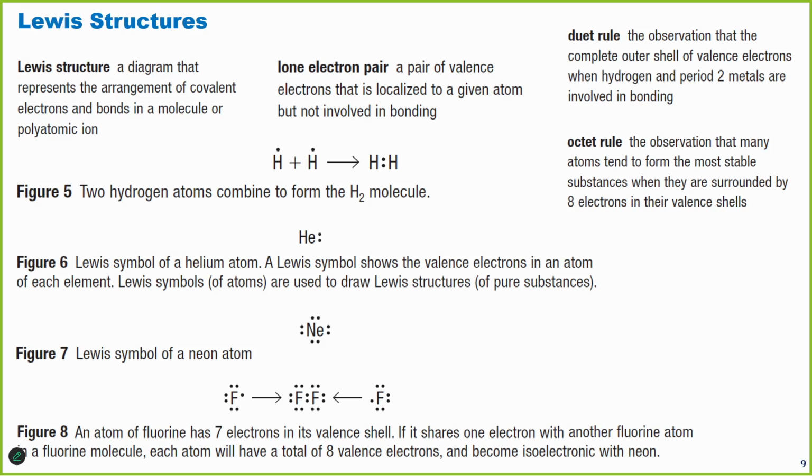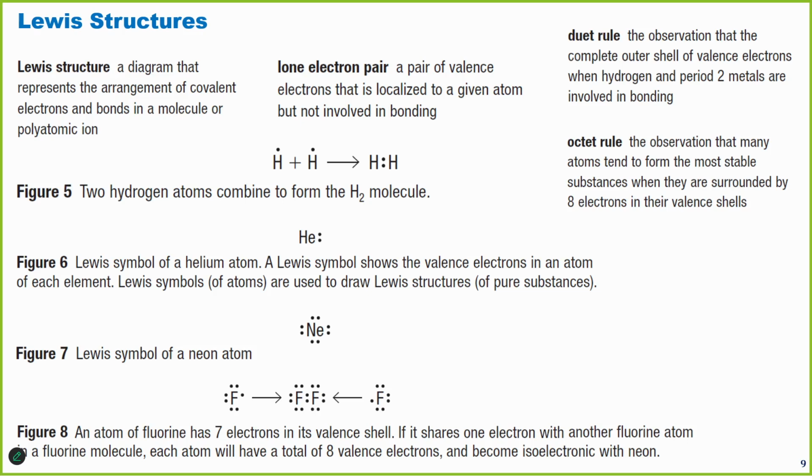Hydrogen, in the first period of the periodic table, follows the duet rule, which states that a hydrogen atom forms stable configurations when it shares two electrons, represented by dots, to obtain a full valence shell.